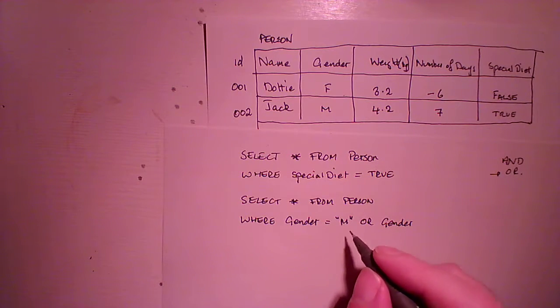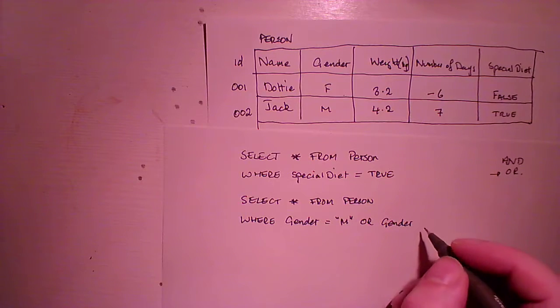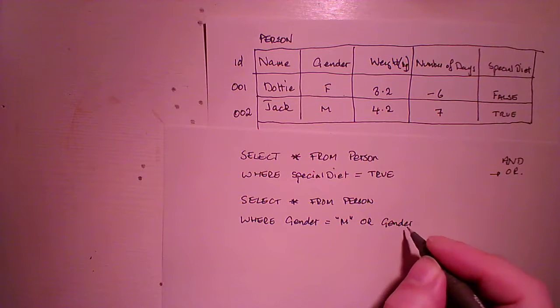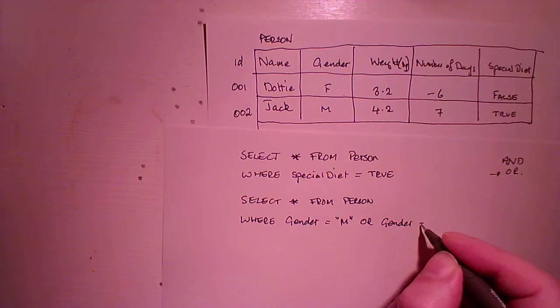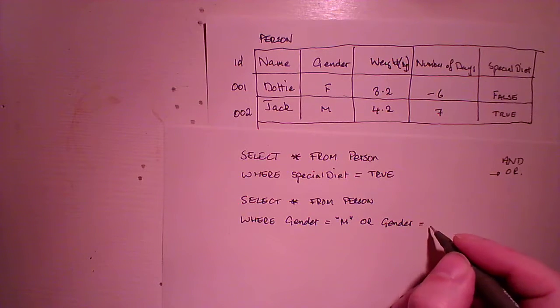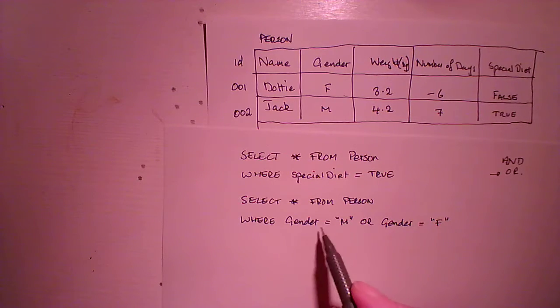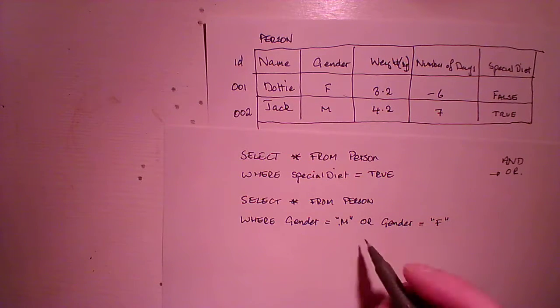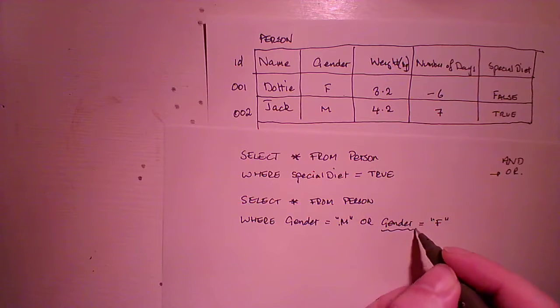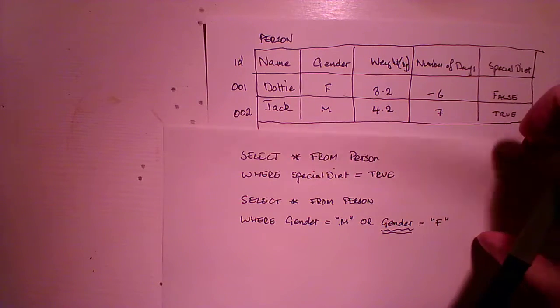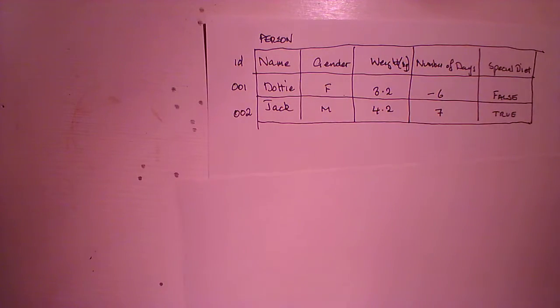I can't just put male or something else, or gender equals, well, I didn't really need to put gender, that's a bit silly. That's just returning everything where the gender equals male or the gender equals female. Really I needed a different field there, so let's try that one again.